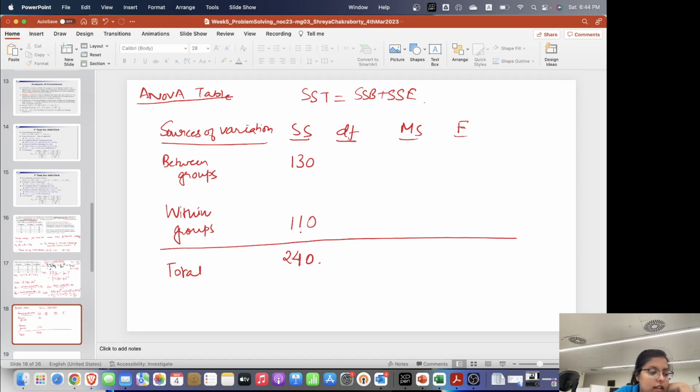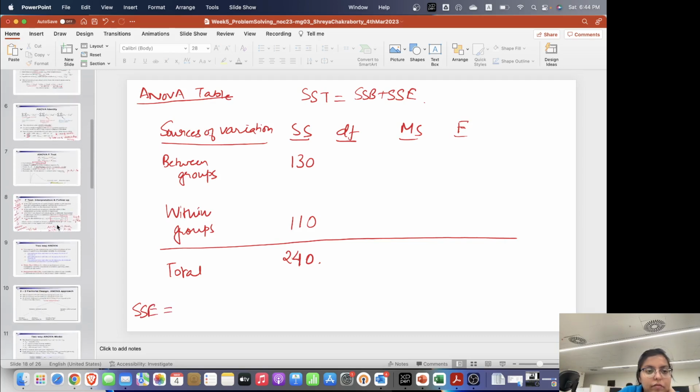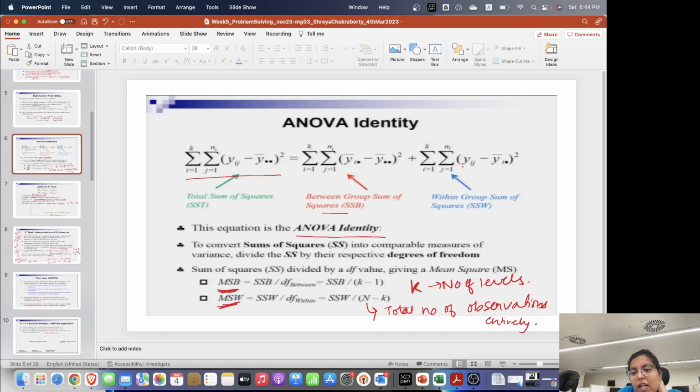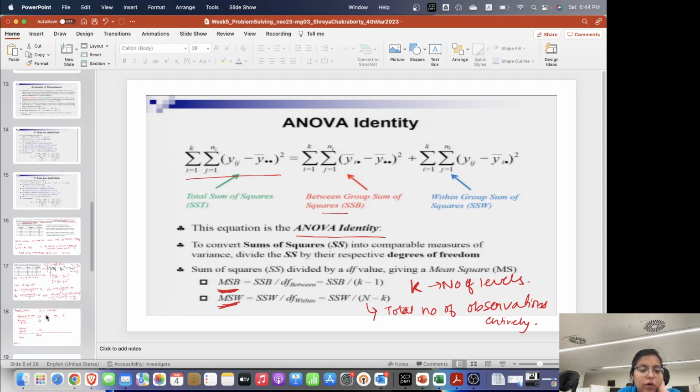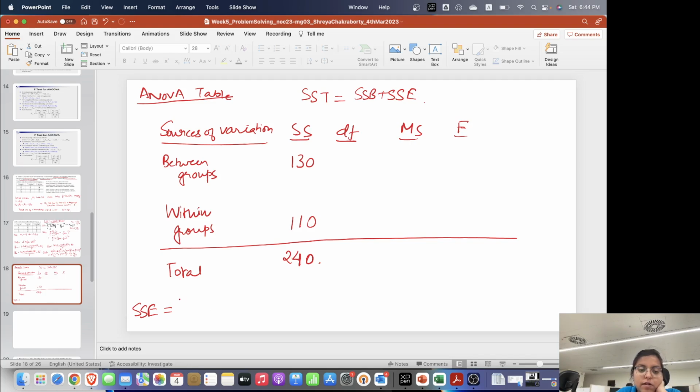If we have to verify this with the formula, if you remember, SSE is nothing but this formula: double summation over i, j of (Yij minus Yi naught bar) whole square.